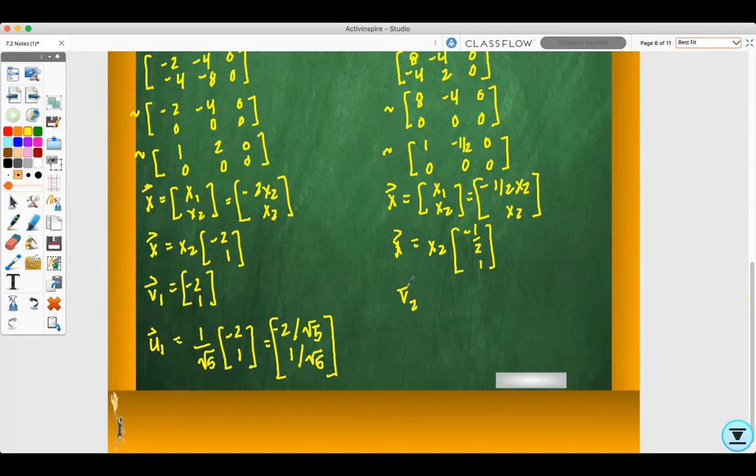So v2 equals (1/2, 1). We have to normalize v2, and when we do, we get 1 over the square root of 5 times (1/2, 1), which equals, or times, (1, 2).